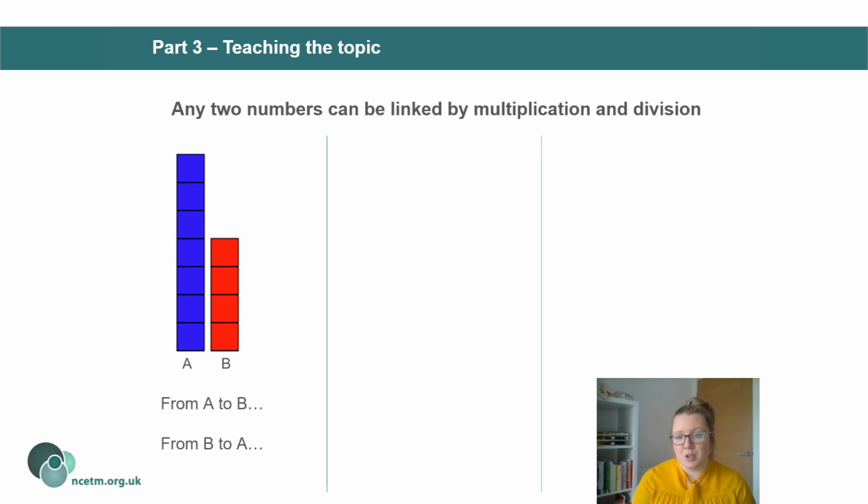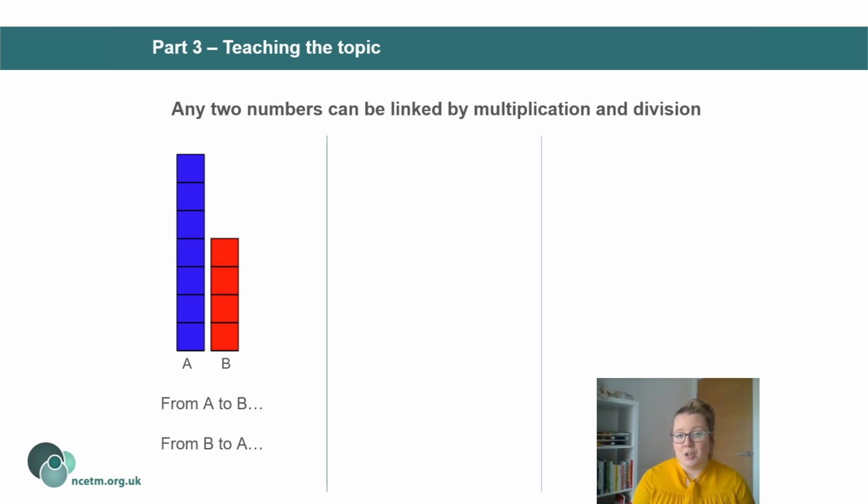The next step for our students is to think about what happens when I have non-integer multipliers. So I'm going to start here with a bar model that's got 7 boxes representing A and 4 boxes representing B. I've chosen 7 and 4 here because their highest common factor is 1, and that's going to force our students into unitizing.